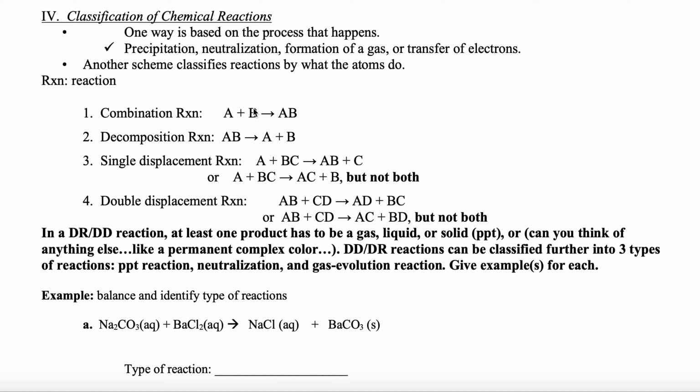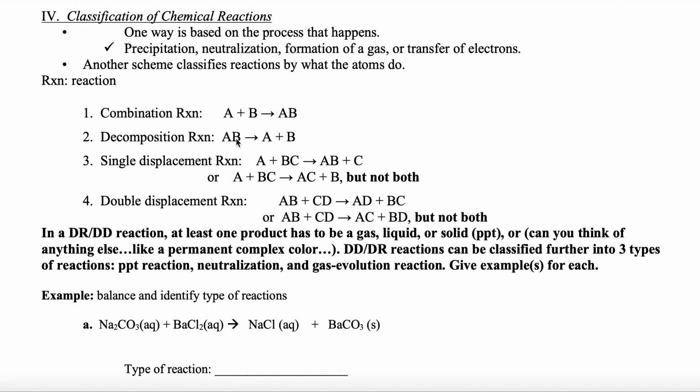If you have two or more reactants combined together, like carbon and oxygen combined together to get one compound, for example CO2, carbon plus oxygen gives you CO2, that means you have a combination reaction. So pretty much the equation is self-explanatory. Okay, it tells you what it is.